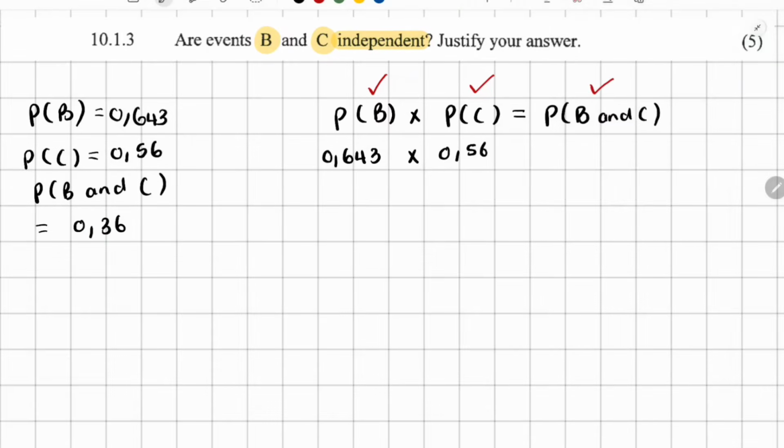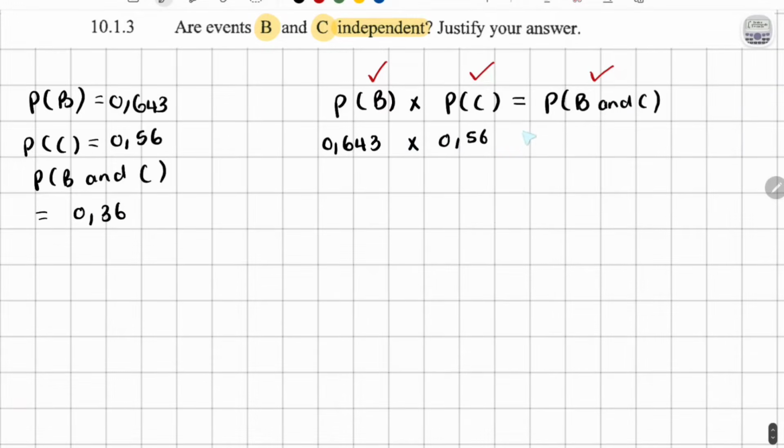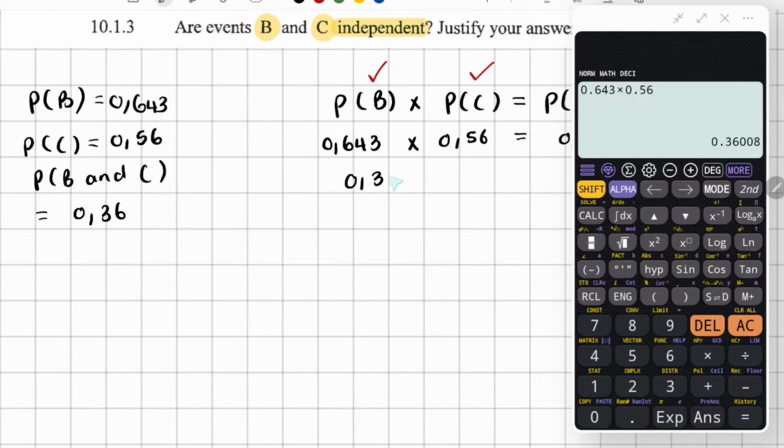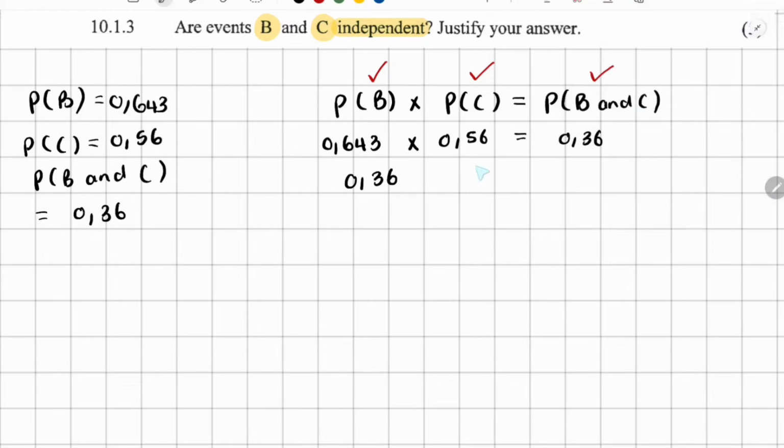Okay, so let's see if this actually works out. When we take this and we multiply it, it should be equal to 0.36. So let's multiply those two. So when I multiply it out, I get 0.36 basically, because even if you round it off to 2 decimals, it will still just be 0.36. Okay, and this is equal to 0.36.